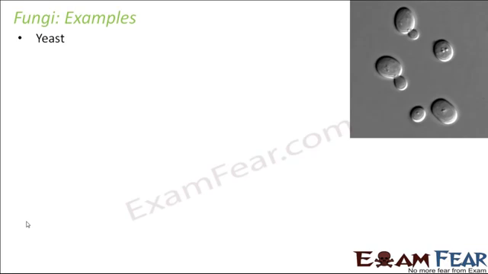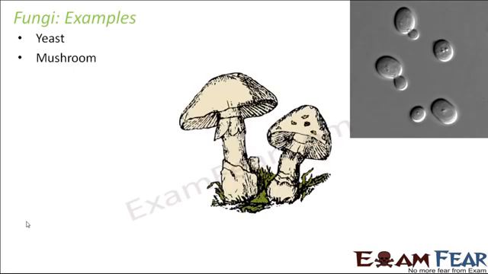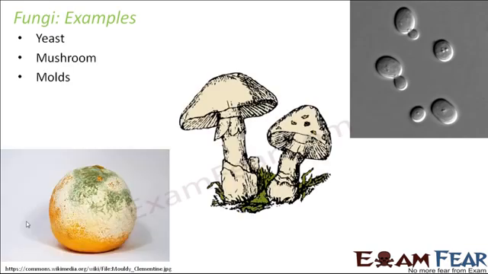So let us look at some examples of fungi. Yeast is a very common example of fungi. Mushroom is another example, and molds are another example of fungi. So these are the three most common examples of fungi. Now let me tell you where you would have encountered each of these. If you talk about molds, you would have seen it the way you are seeing it on the screen.